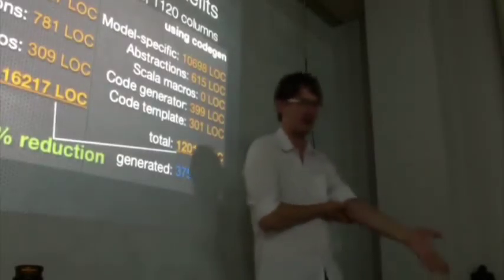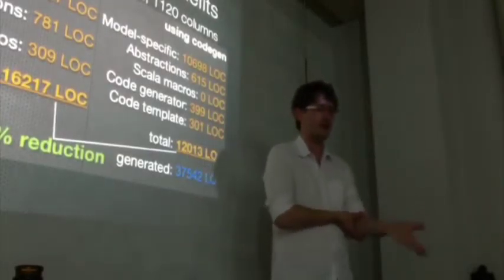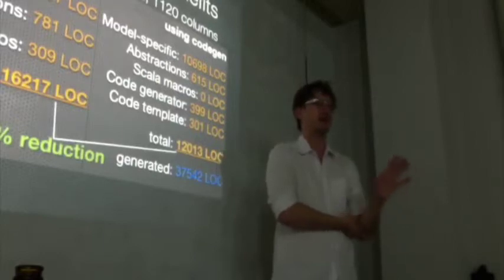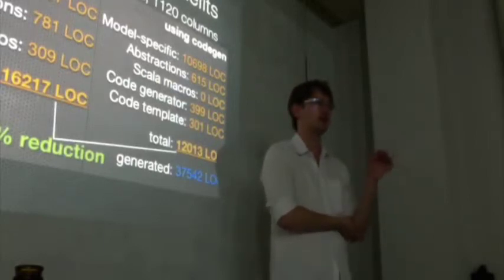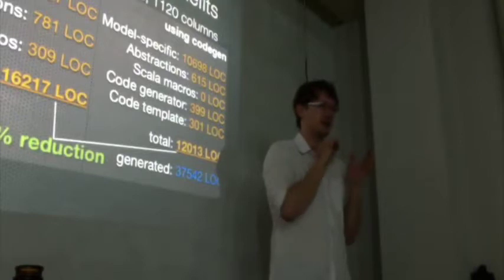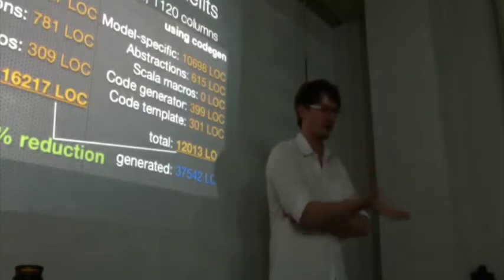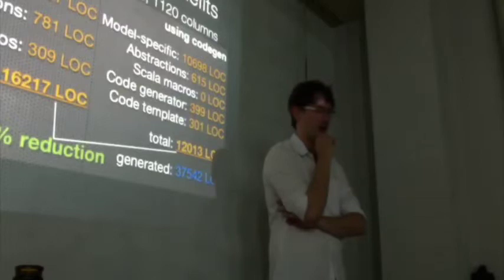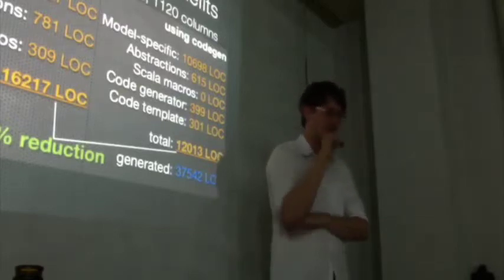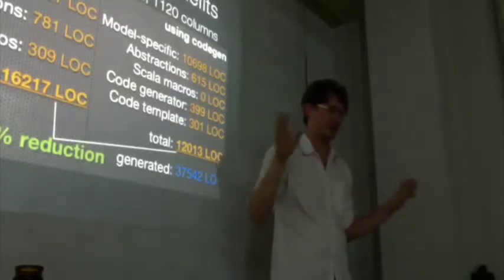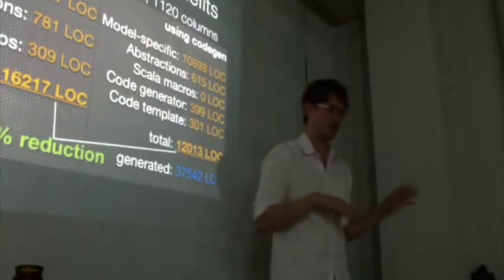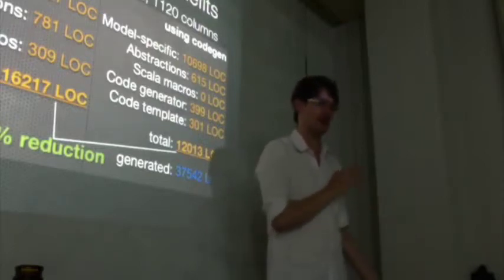What happened in this code base was, and this only relates to the code for the data model and MySQL, there's more code that is unrelated. Within this code, there was code specific to each of the tables, which was 15,000 lines of code, and some abstractions shared by a couple of those, like 780, and we also had some macros, 300 lines.